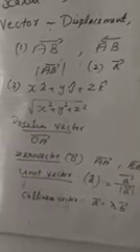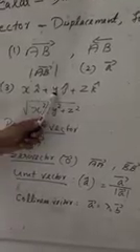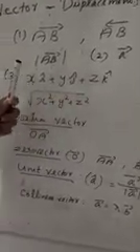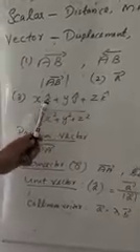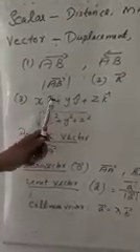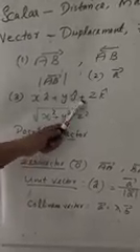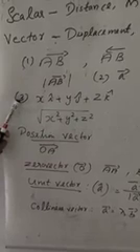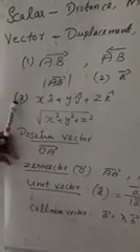And the third one is the standard form of a vector, xi plus yj plus zk. Here the coefficients of i, j, k, that is x, y, z, are called its scalar components.